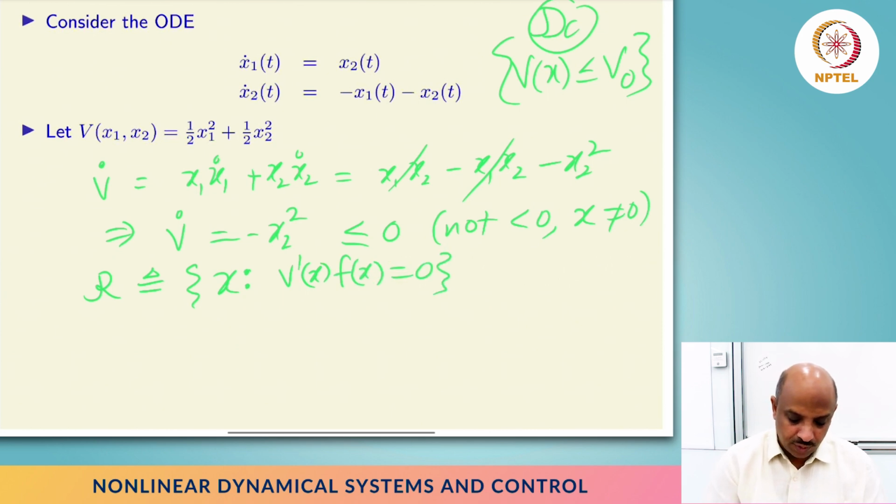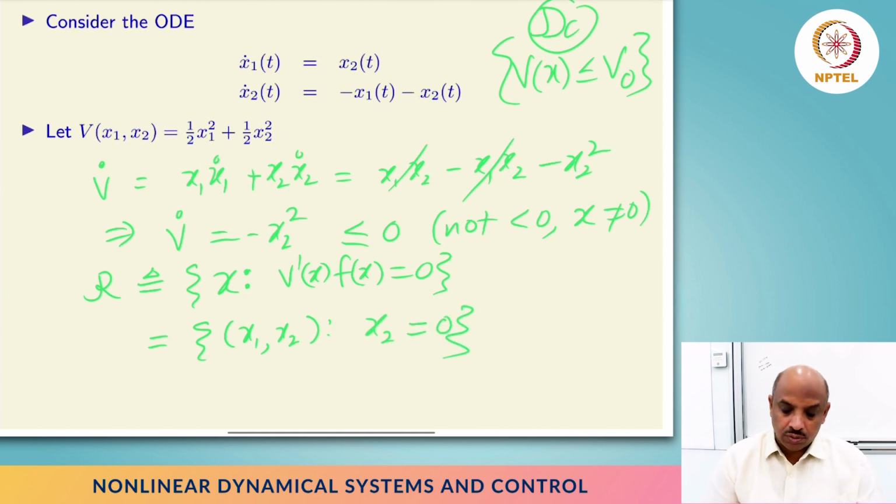But that is nothing but minus x2 squared. So this is all x1, x2 such that x2 is equal to 0. Okay. So on the real plane, basically, it's the horizontal line. The x-axis is going to be the set, right?